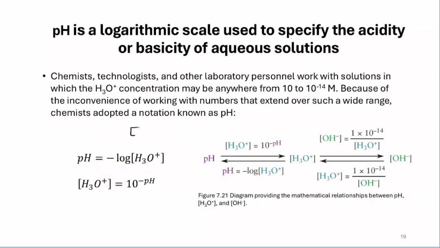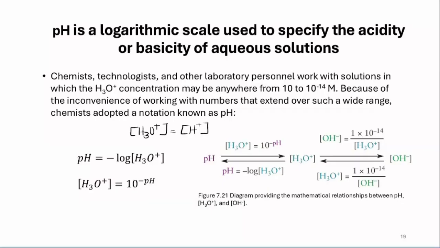Understand that the concentration of hydronium is the same thing as the concentration of protons because hydronium in essence is a source of protons. So using the concentration of hydronium or the concentration of H+, in other words, protons, is the same thing.